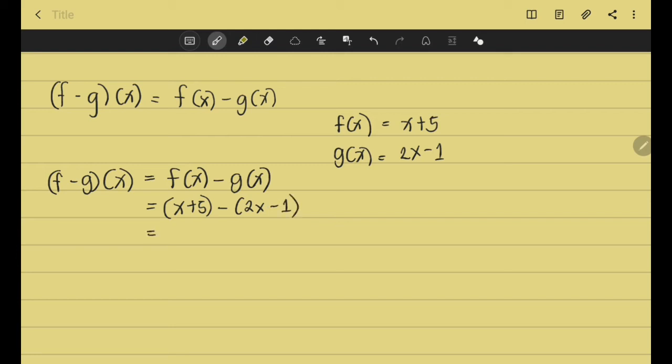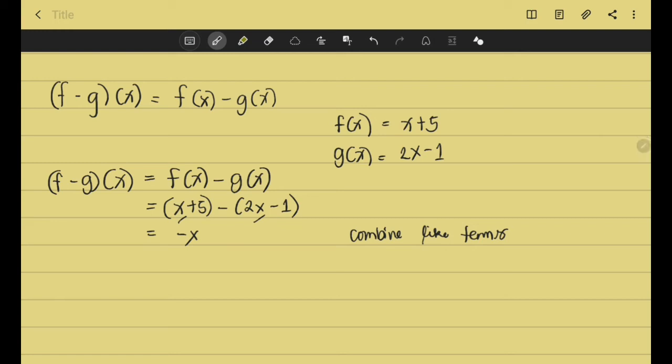Now we have to perform the operation, which is subtraction. Again, this time, we have to combine like terms. So our like terms is x and 2x. So x minus 2x is negative x. Then we have 5 and negative 1.